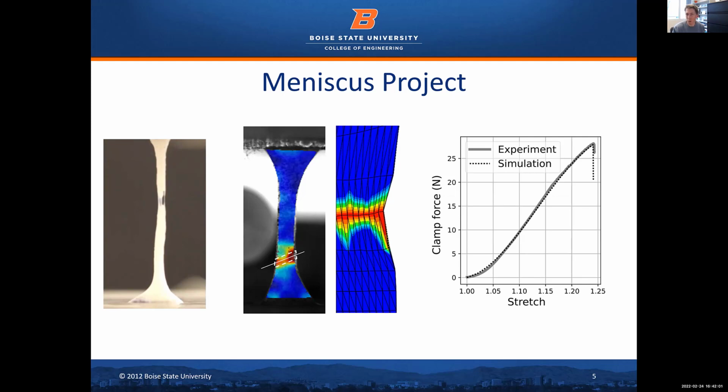And then we try to recreate that failure in a computer simulation using finite elements so that we can really describe what's happening and create models that can better predict when failure is going to occur and ultimately how to prevent it. So that's really at a tissue level.